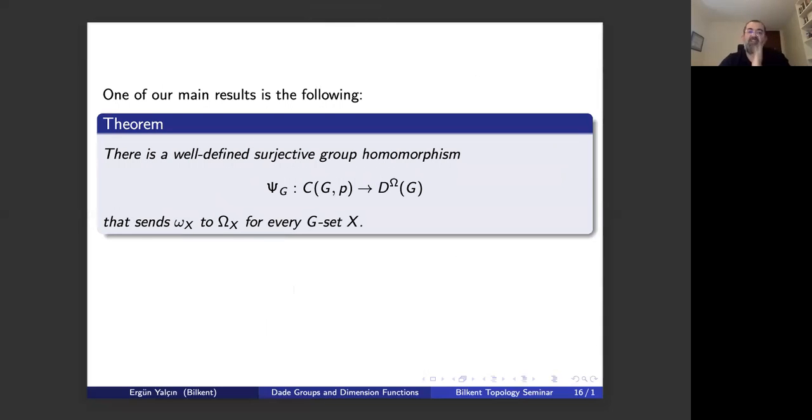In the p-group case, there was a group homomorphism from these class functions to d omega. So in the finite group case, we proved that there is a similar group homomorphism. This time, though, it has to be defined only on p subgroups, not all subgroups. The map to d omega is surjective and well-defined, taking these small omega x's to the big omega x's.